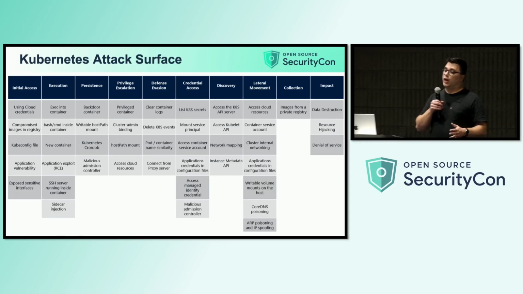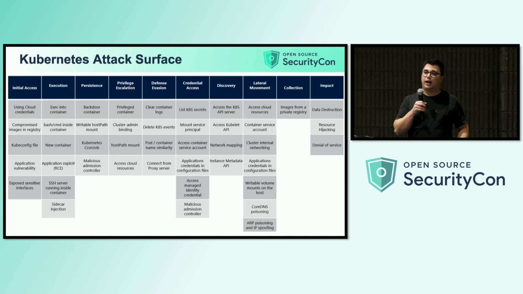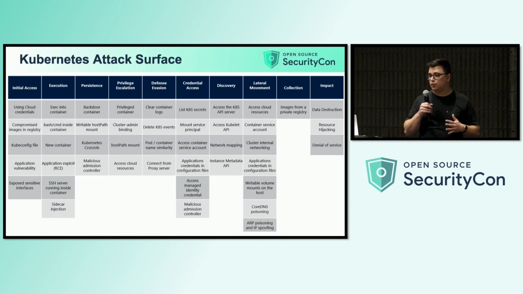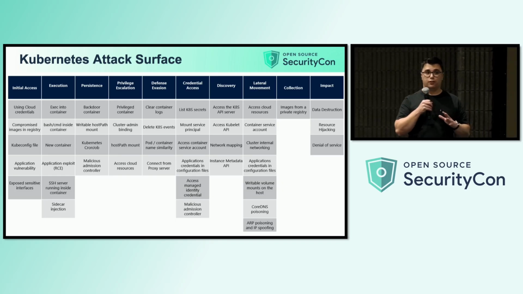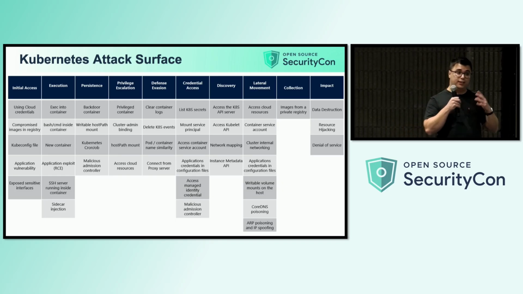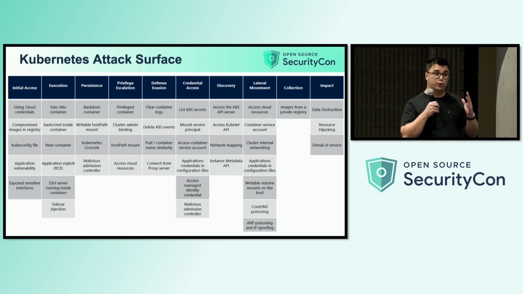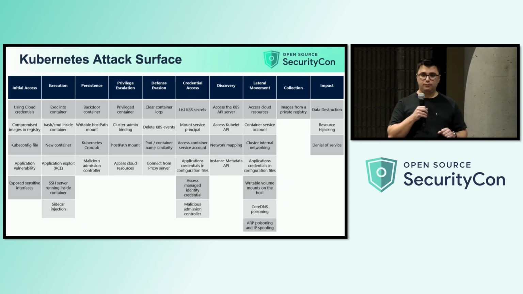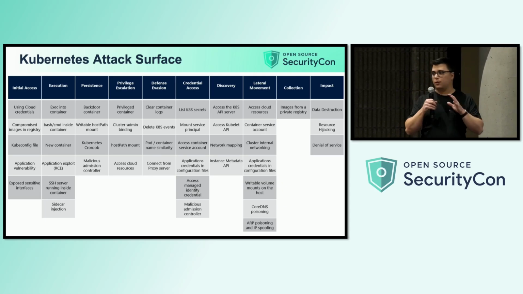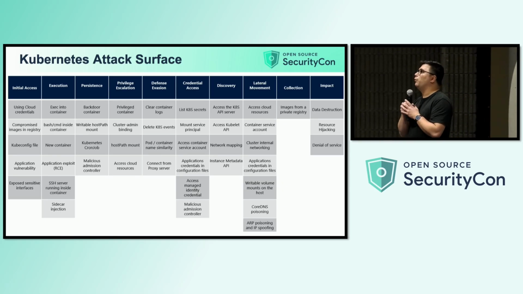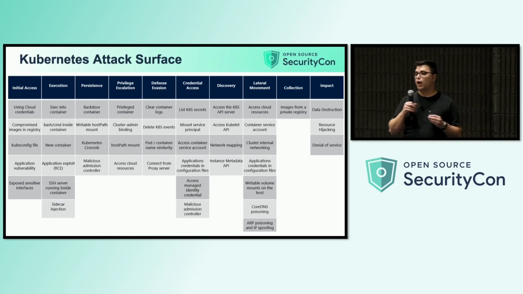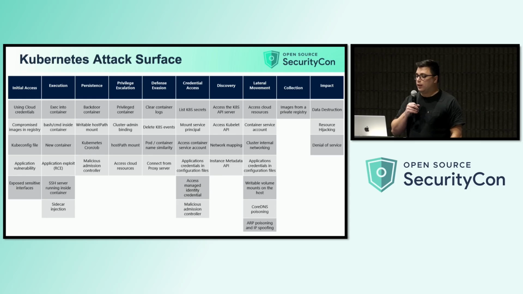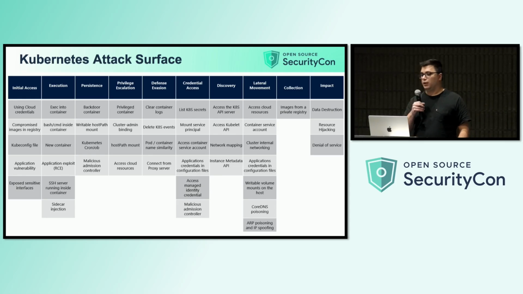Now, if we jump to the Kubernetes attack surface, as mentioned before, as you can imagine, we have a number of attacks, specifically because Kubernetes is very complex, and it's also very easy to make a potential misconfiguration. On this Kubernetes attack surface, what is very important for me to highlight is that we are seeing some new attacks, for example with a malicious admission controller.